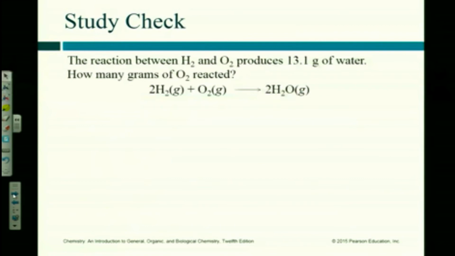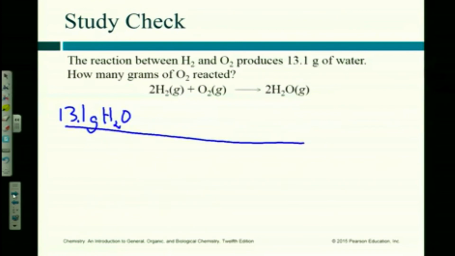All right. Where are we going to start? 13.1 grams of H2O. Where do we want to be? We want to be grams of oxygen, so we want to go like that, right? But I can't do that until I get to where?